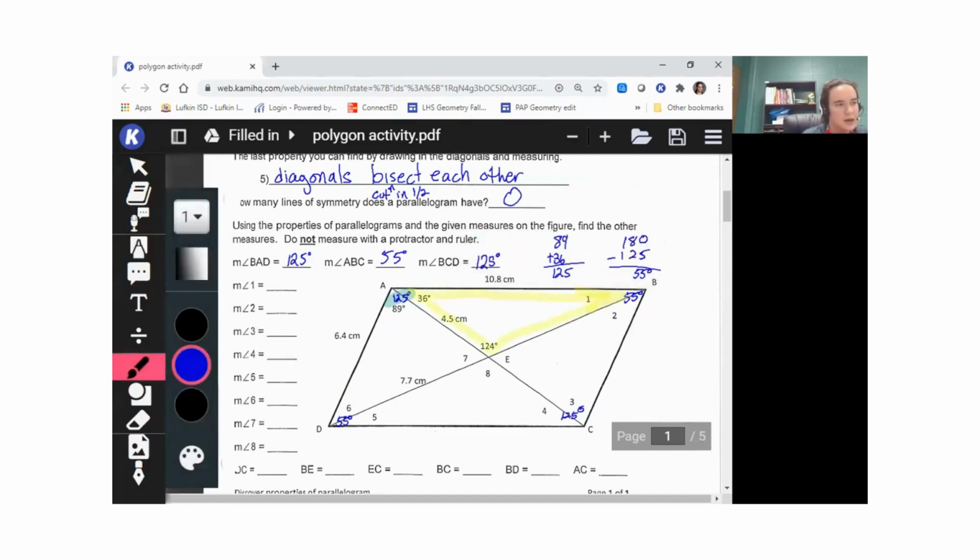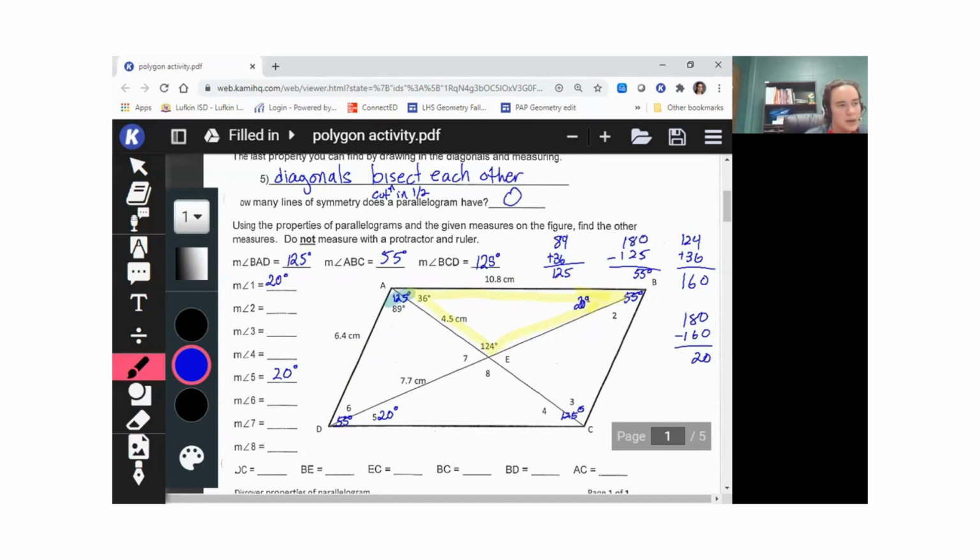So we can take that 124 and 36 and add them together and get 160, and then subtract that 160 from 180 and get 20 degrees for the measure of angle 1. Now I know my alternate interior angles are congruent, so that means that angle 5 is also 20 degrees because angle 5 and angle 1 are alternate interior angles.